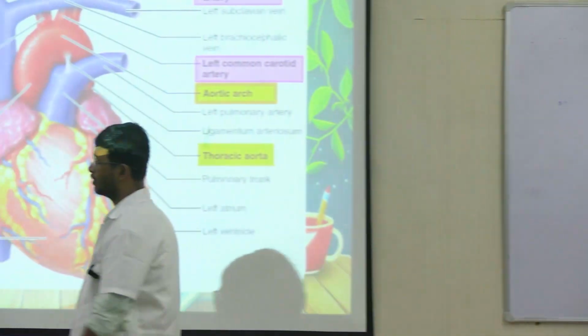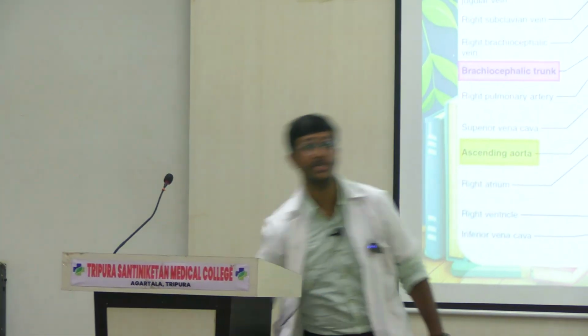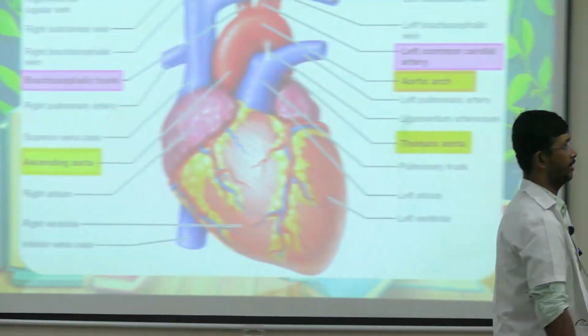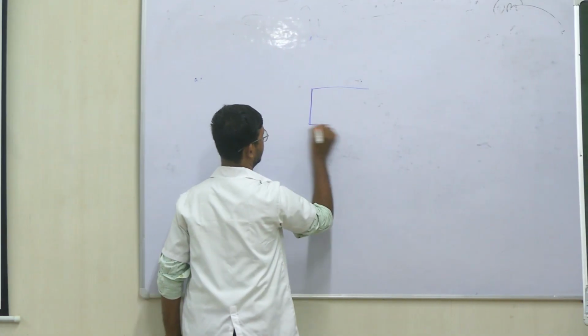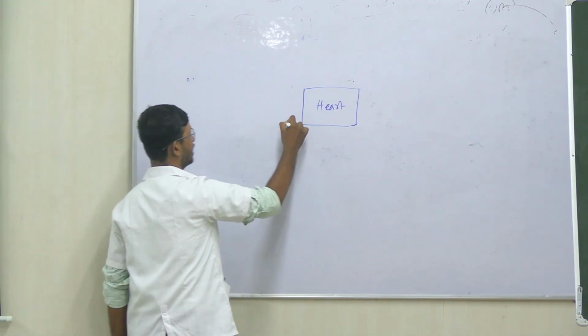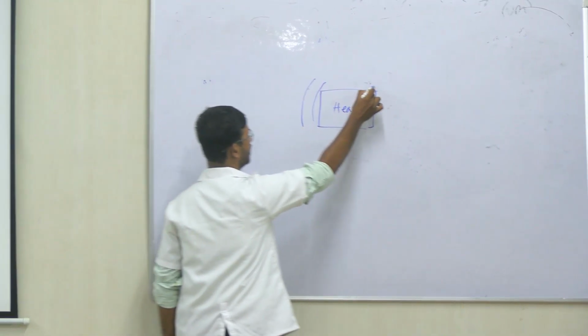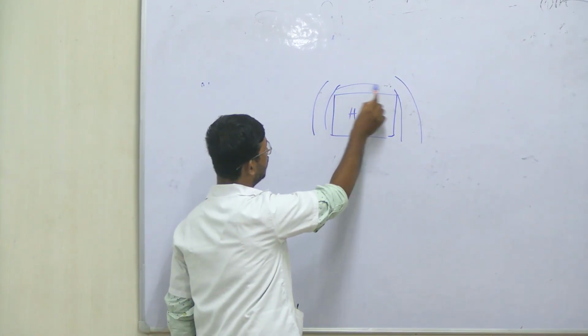So the heart has your ascending aorta, your arch of aorta, and your descending aorta. This is the heart. It has the ascending aorta and descending aorta, and in between them there is a common junction, that is your arch of aorta.